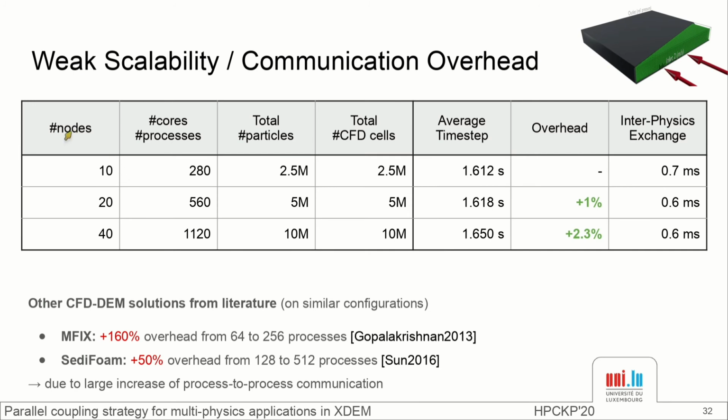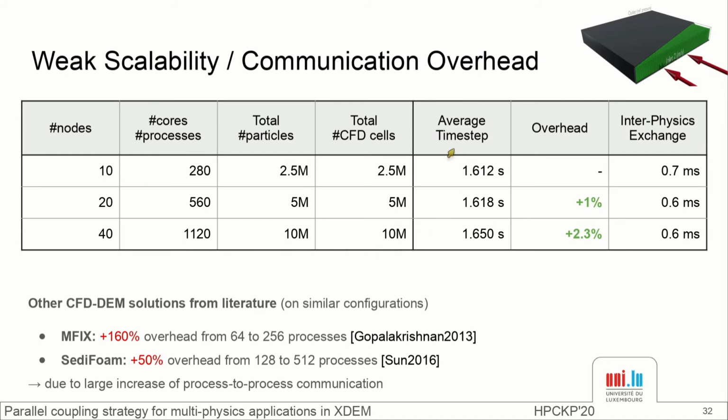So this is the result of the experiment. When we increase the number of nodes from 10 to 20 to 40, this is the total number of core processes. Here we use one process per core. So we go from 280 to 1120.